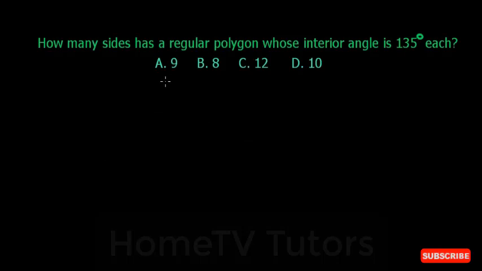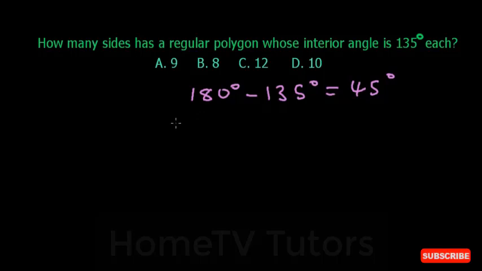How many sides has a regular polygon whose interior angle is 135 degrees each? Each exterior angle is equal to 180 degrees minus 135 degrees, which is equal to 45 degrees each.